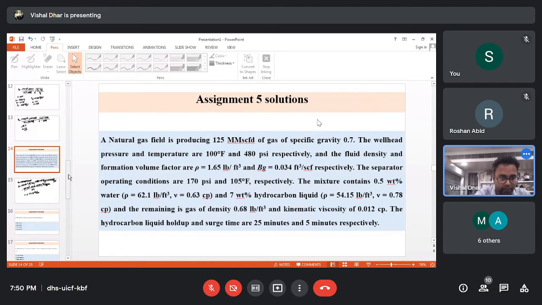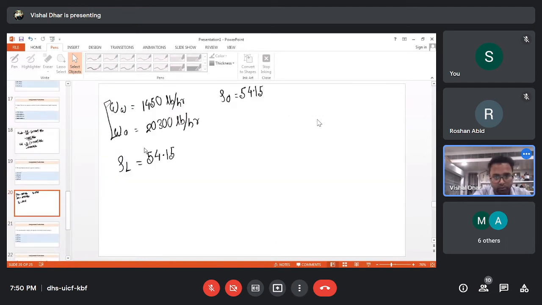Yes, lb per feet cube. So 54.15 lb per feet cube, and the density of water is 62.1 lb per feet cube.